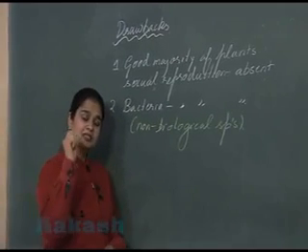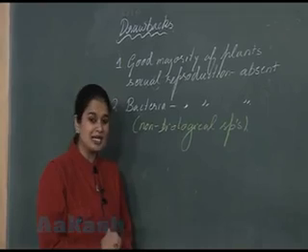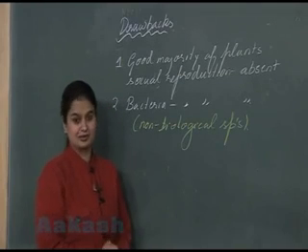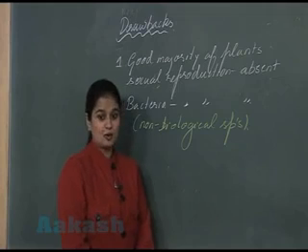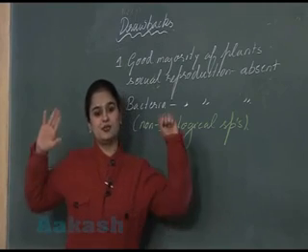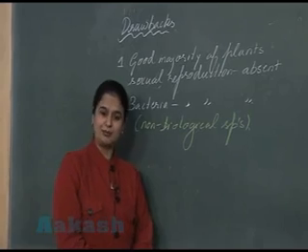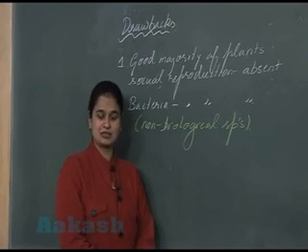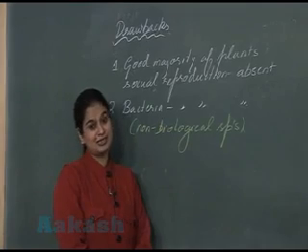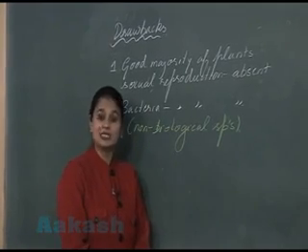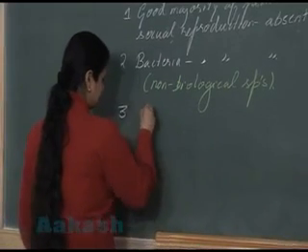Now, in some of the closely related species, sometimes interbreeding can be present. Just now I have explained, according to Ernest Mayr, between the two different species, interbreeding is absent. But the limitation, the drawback, is that some of the different species which are closely related can show interbreeding.